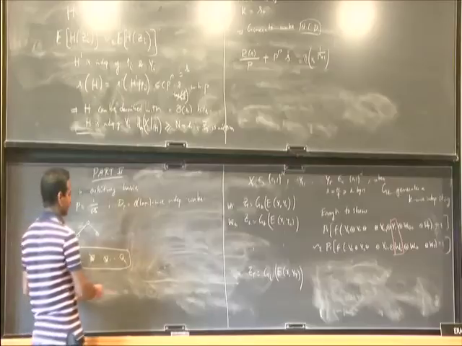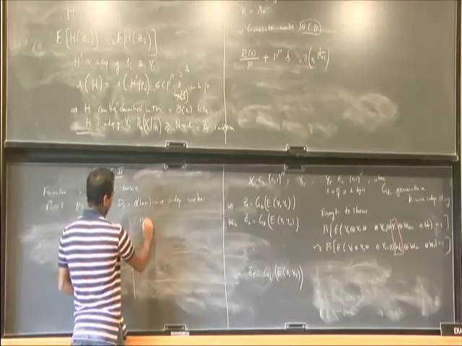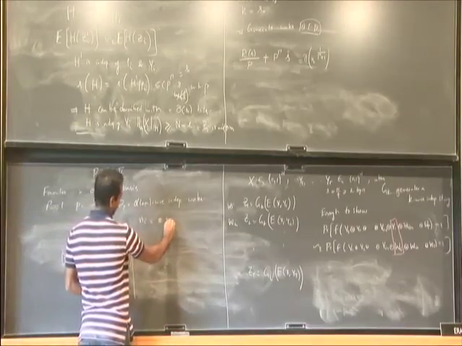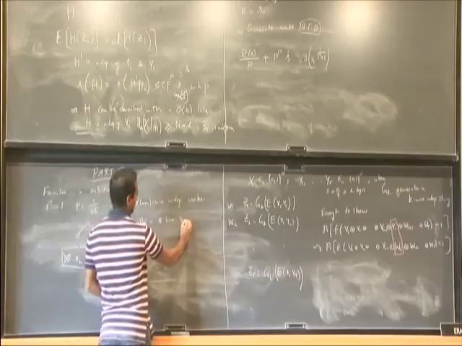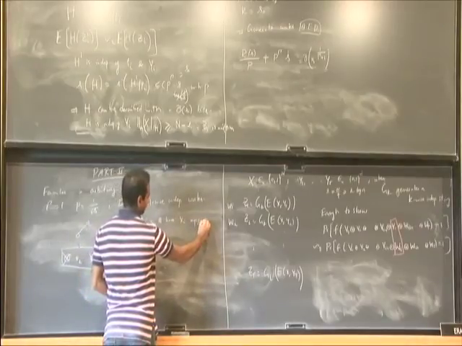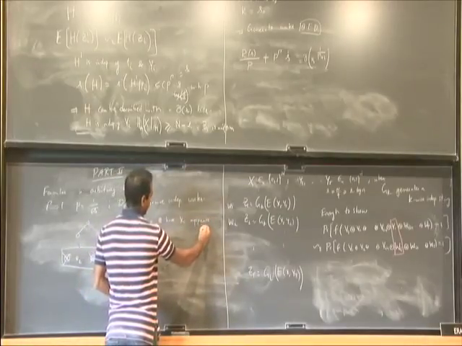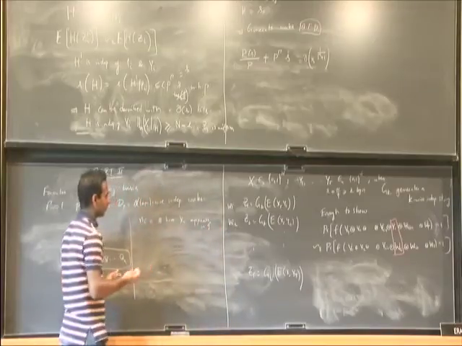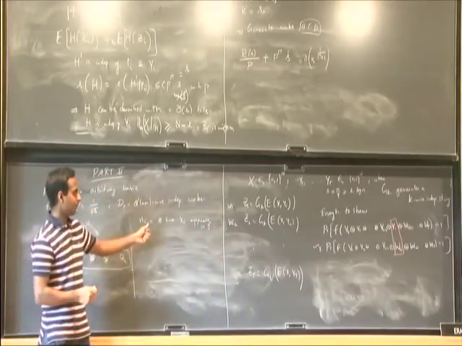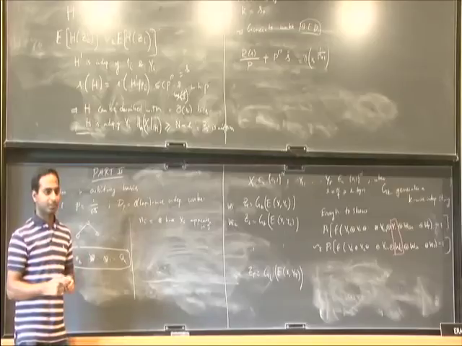Okay, so let ni equal the number of times xi appears in f. So let's fix a formula f and let ni be the number of times the variable xi appears in it.